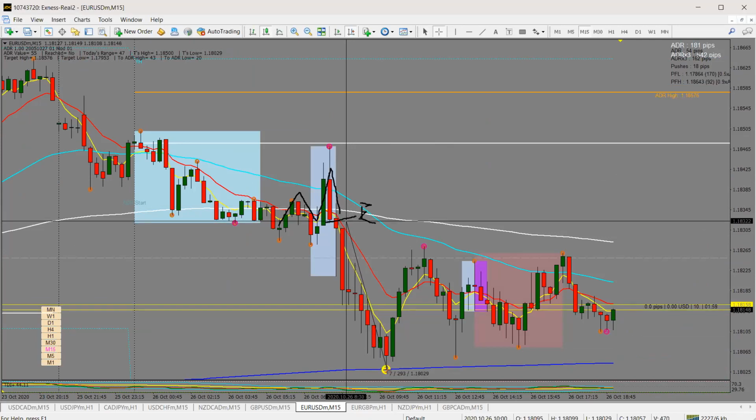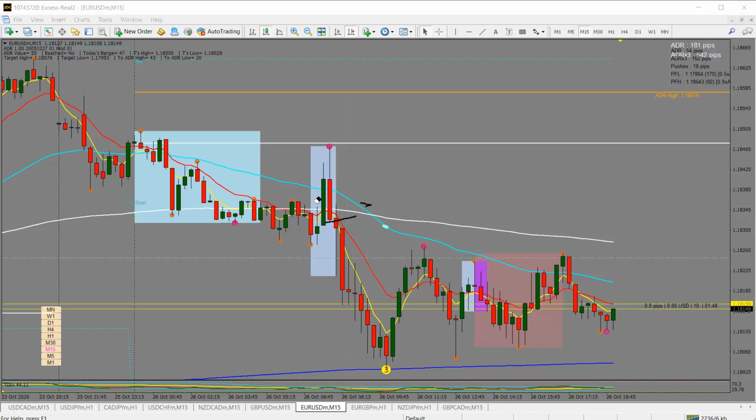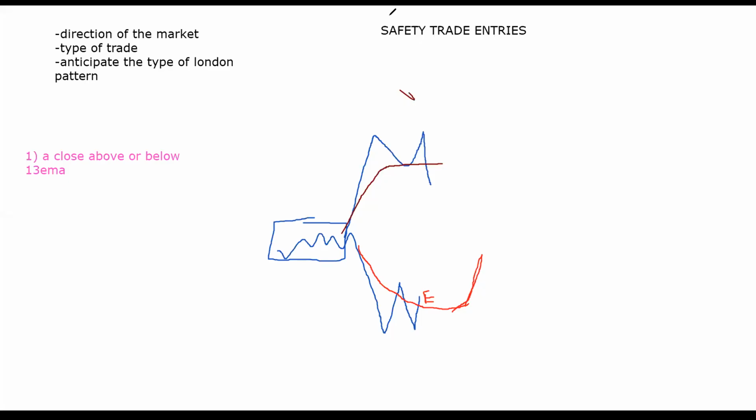At least you are entering when you know that your M or W is now complete. So that is the first way we can use to enter a safety trade.